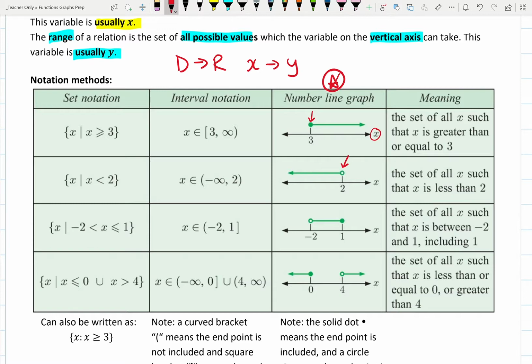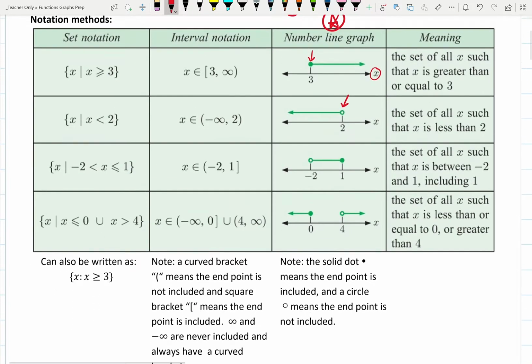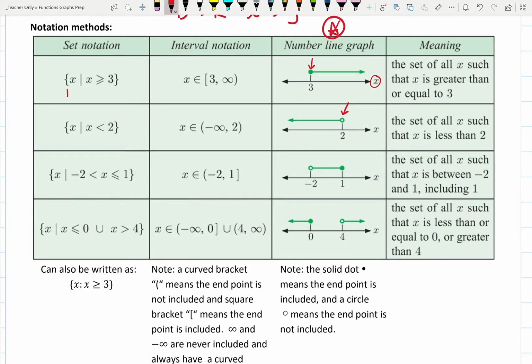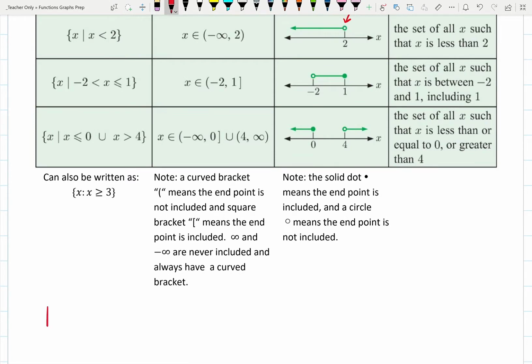The way that we write that using set notation or interval notation, which is the first two columns, is this. This little set of brackets reads the set of all x such that x is greater than or equal to 3. I'll write that down here.